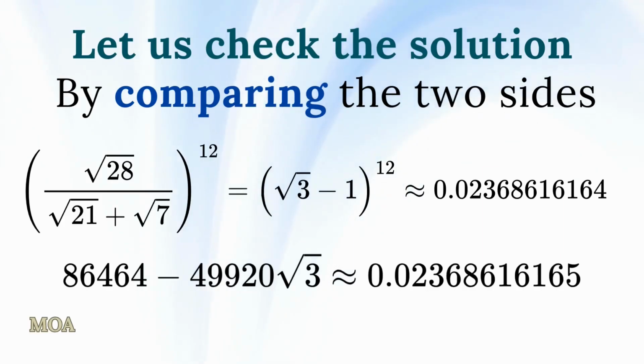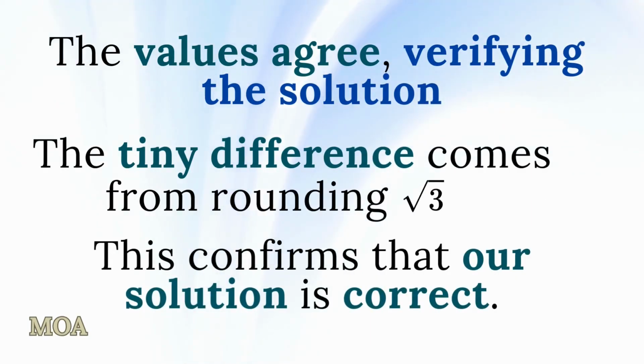Using the original expression, the square root of 28 divided by the sum of the square root of 21 plus the square root of 7, all raised to the power of 12, we also obtain 0.02368. The values agree, verifying the solution. The tiny difference comes from rounding the square root of 3. This confirms that our solution is correct.